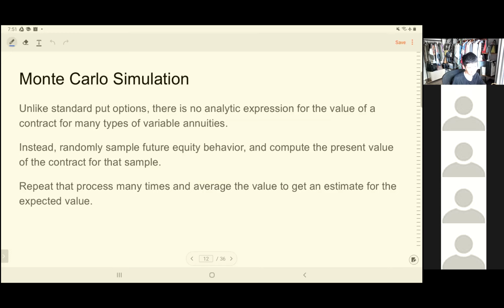And so instead of using some formula to estimate the value of this thing and then differentiating that, what we have to do is estimate these Greeks via some Monte Carlo simulation. The way this process works is that we randomly sample future equity behavior and also future policyholder behavior, and compute the present value of the contract for that specific trajectory.